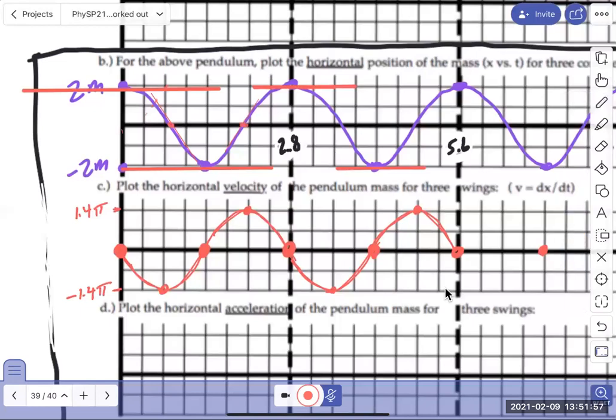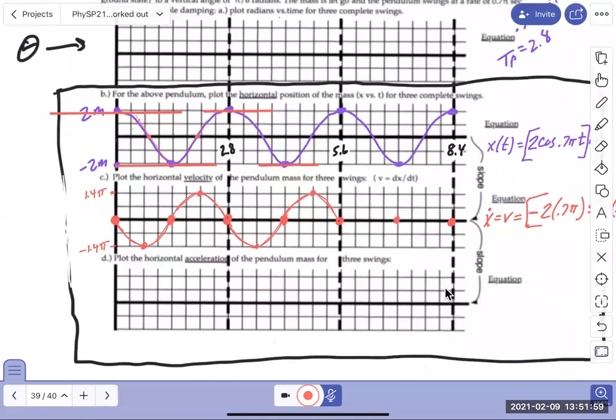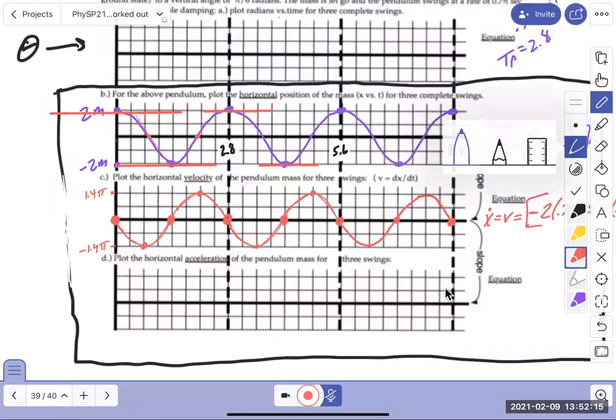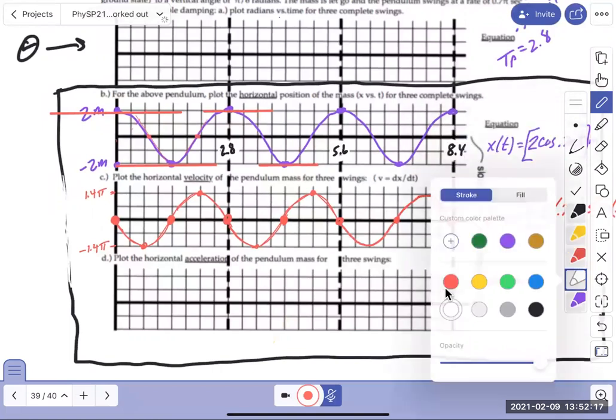Now, let's do it again. Let's do acceleration. And I can finish this off real quick. Okay, so now we do acceleration. And for acceleration, we can do the same thing with tangent. Right here, I'll change colors to green.